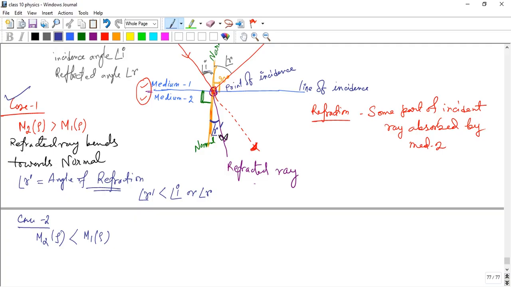Here, sorry, there is a mistake. In case 1, light travels from lower density to higher density.